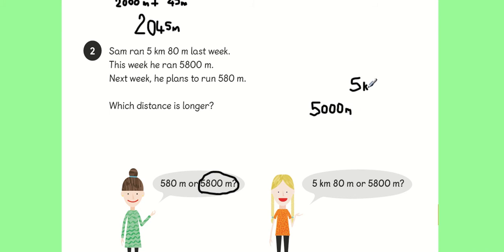Just remember to write on kilometres so we know what we're talking about. And then we've got 80 metres to add to that as well. So 5 kilometres 80 metres is 5,000 metres, add 80 metres. I know that 5,000 add 80 is 5,080.